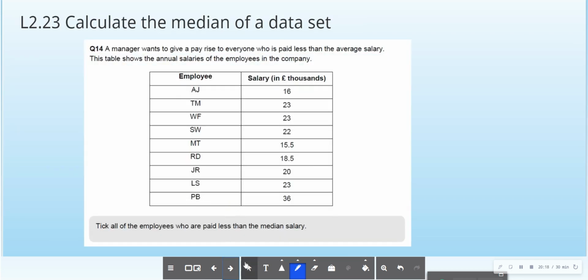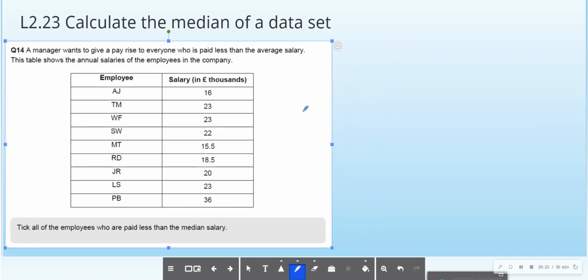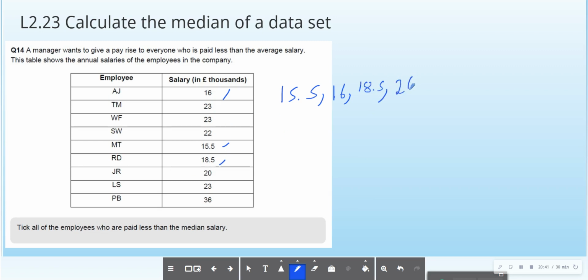The median is you put the numbers in order and you find the middle. So I've got to write these numbers out in order, smallest to biggest. So 15.5, 16, 18.5, 20, 22, and 23, 23, 23.